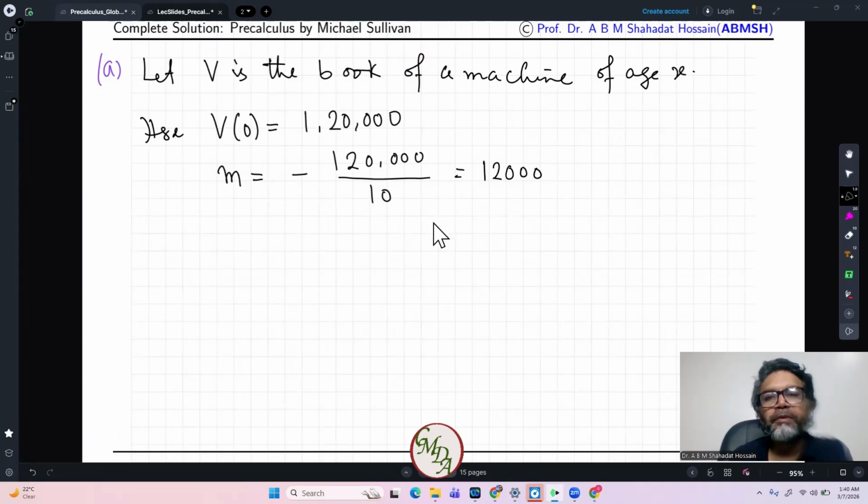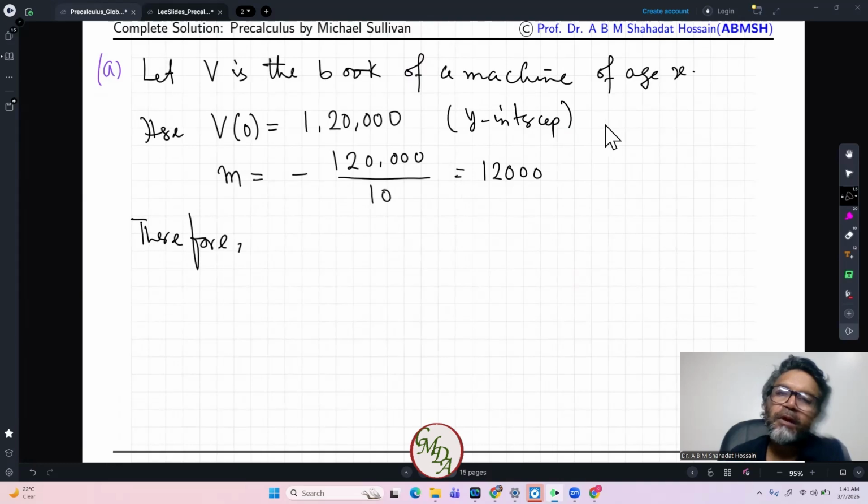Also it will reduce the dollars. Therefore, we got this is our y-intercept and this is the slope. So basically the linear model is f of x equals mx plus b. Therefore we can write V of x, like f of x.